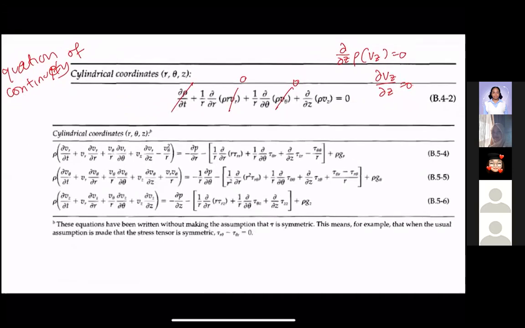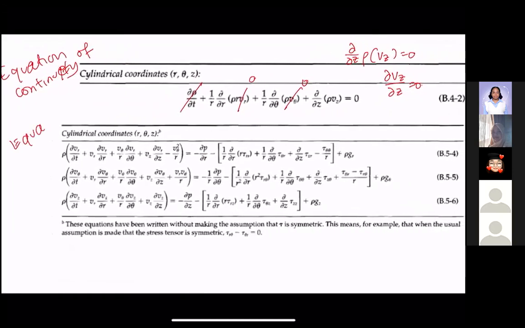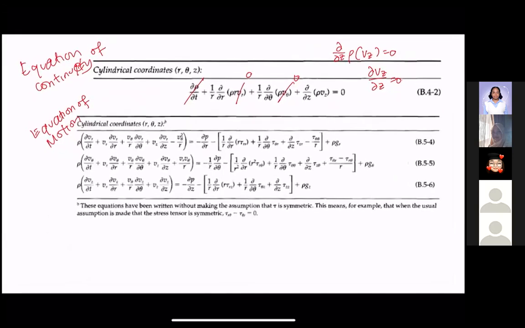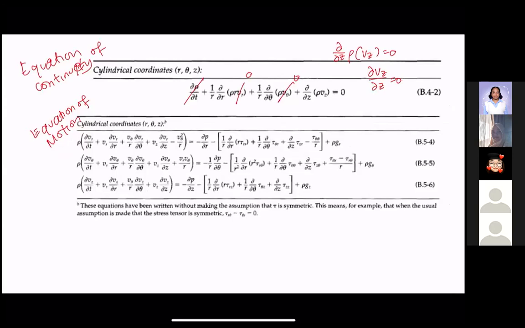Okay, and the second one is the equation of motion. You have to be careful about this equation of motion. There are two types. The first one has the tau in it, appendix B5.